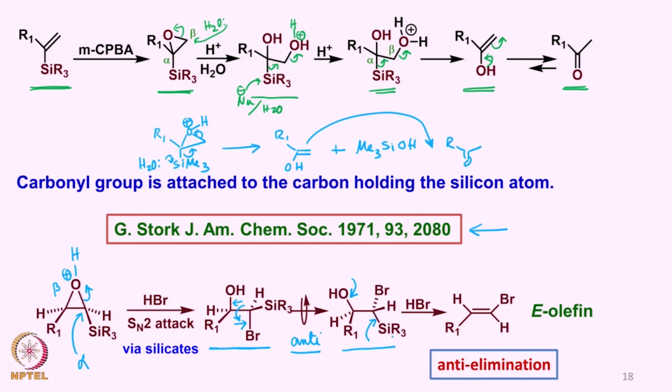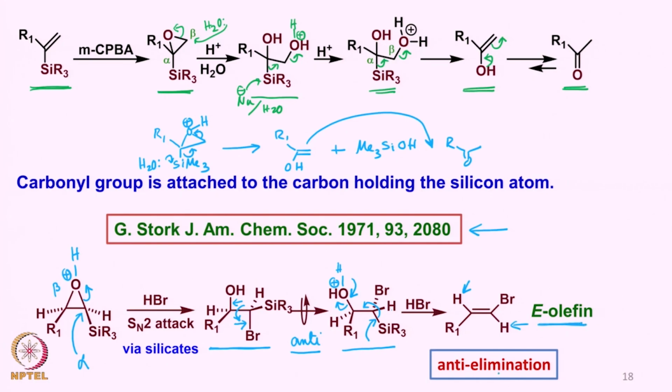Now the anti-elimination takes place by the protonation of the OH group here, and then you have an anti-elimination of the carbon silicon bond, and we see that we have the hydrogen which is going backside, this hydrogen is coming towards us, and therefore an E-olefin is formed.